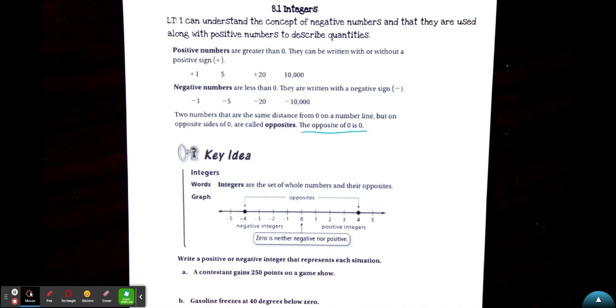My brother taught me this: if you're adding two negatives, it'll be a negative. If you're adding two positives, it'll be positive. But if you're adding one of each sign, it depends on which one's bigger.